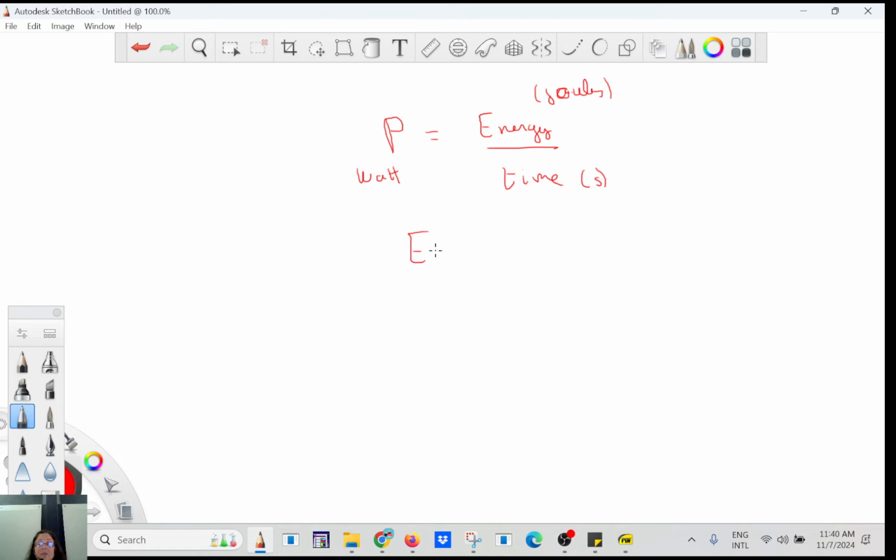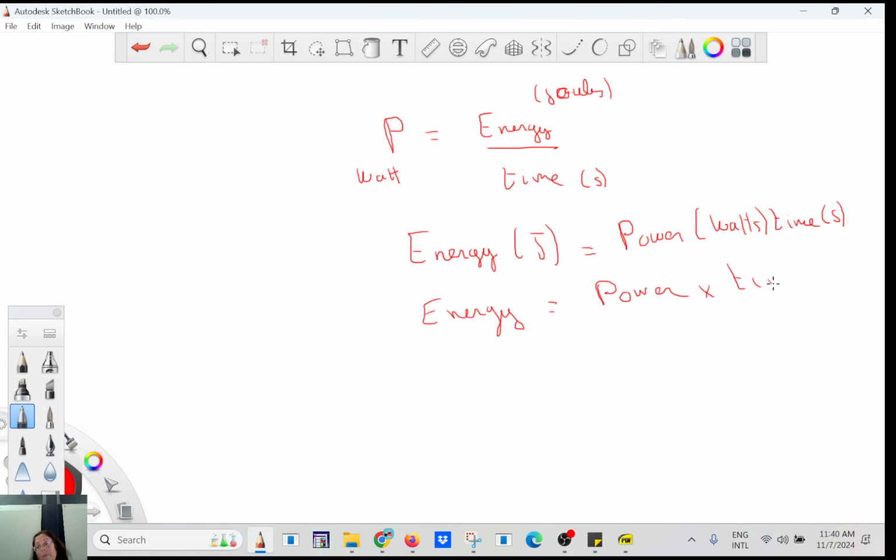But that means that you can say that energy, let's say it's in joules, equals power, which is in watts, times the time. Do you agree? Okay, so energy is power times time.